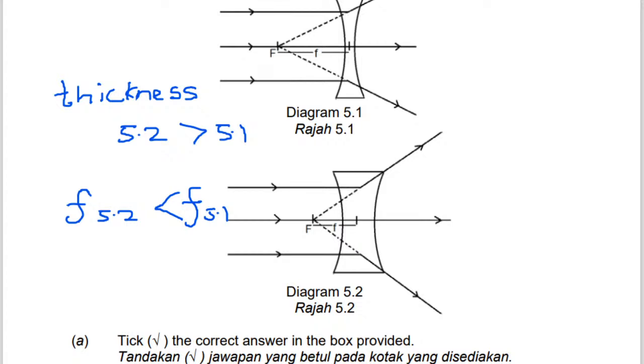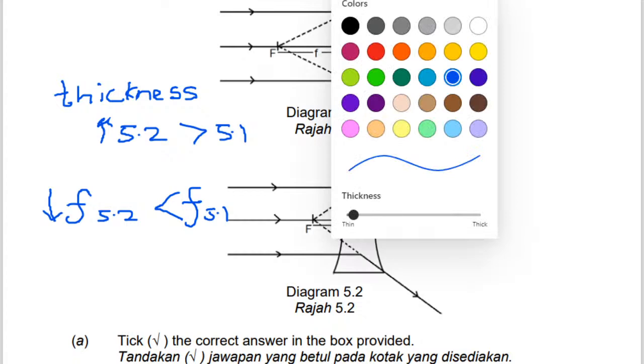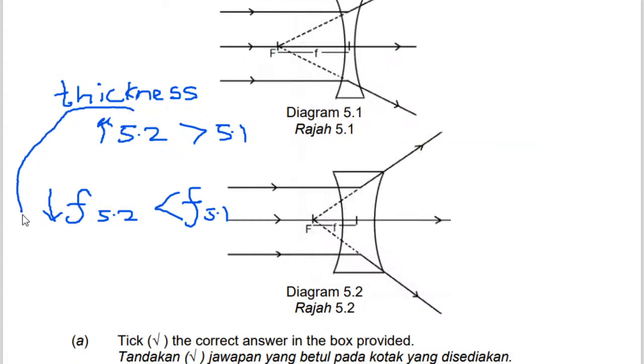Okay, so thickness and focal length kan. So from here, cikgu ajar teknik. So here can see, like that, right? So this one lebih besar, and then here, this one lebih kecil. This is how you relate.